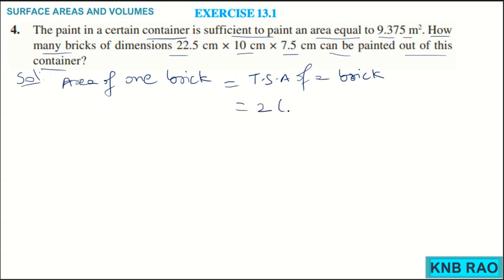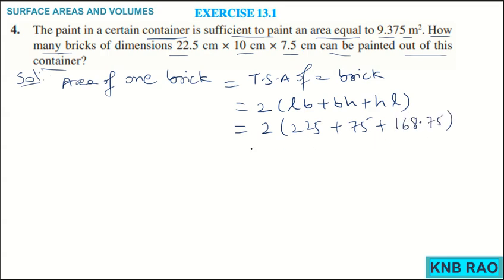So, 2 into (LB plus BH plus HL), substituting: 22.5 into 10 becomes 225, 10 into 7.5 becomes 75, and 22.5 into 7.5 becomes 168.75.